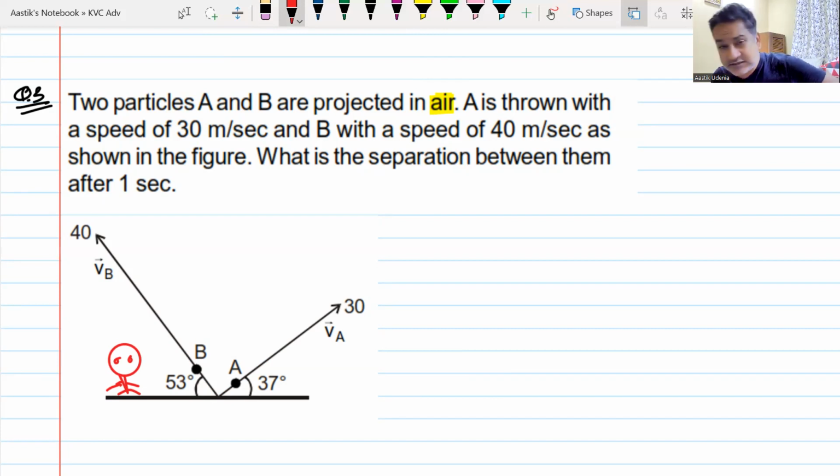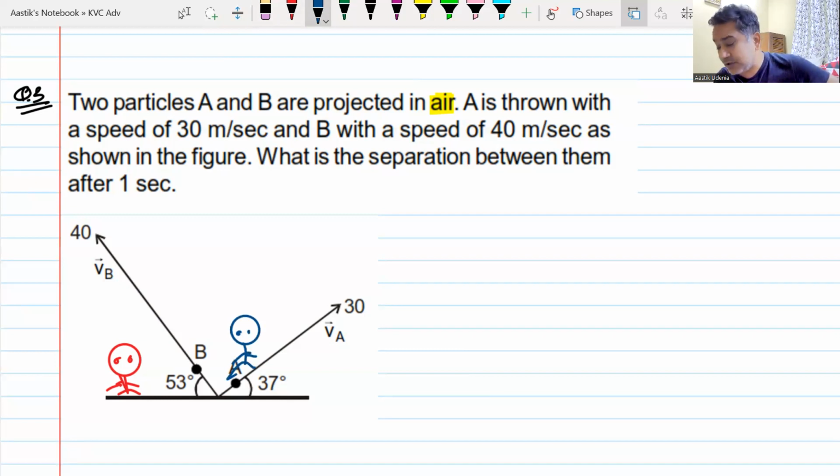And for me to understand this motion from the ground becomes difficult. But the motion becomes very simple as soon as I become any one of the projectiles. As soon as I become any one of the projectiles, so I become the blue Hulk, let us say, and I become the projectile number A.